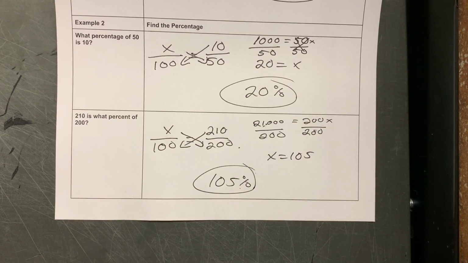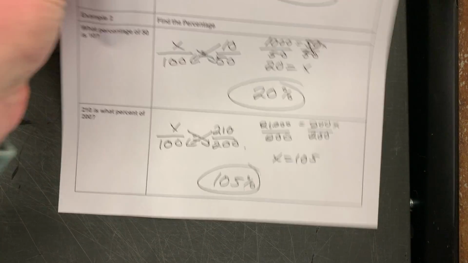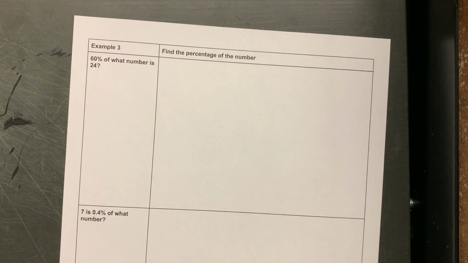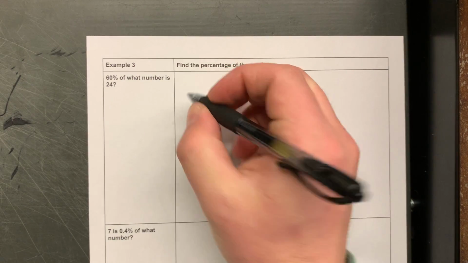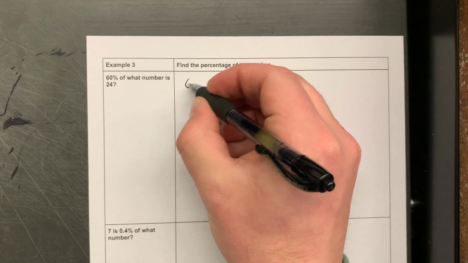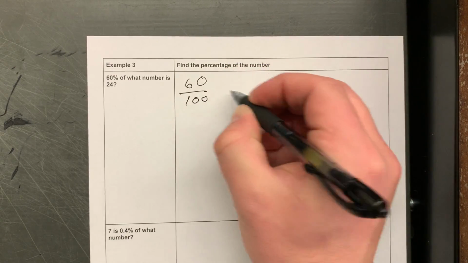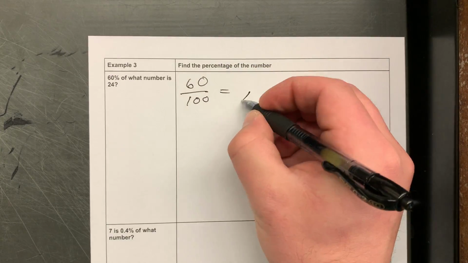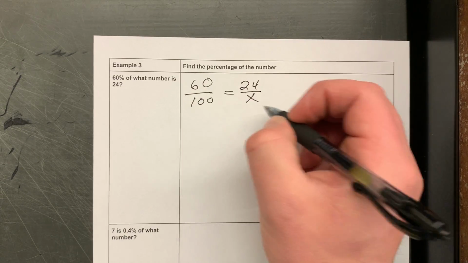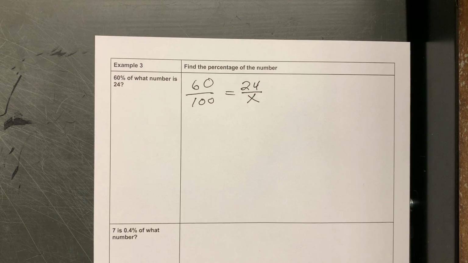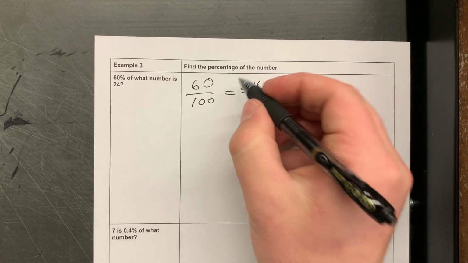If you flip your page, we're going to look at example 3. 60% of what number is 24? So again, I'm trying to figure this out here. I'm having a 60 over 100. I don't know what the number is, so that's why I'm going to label it as x. I set up in these terms.